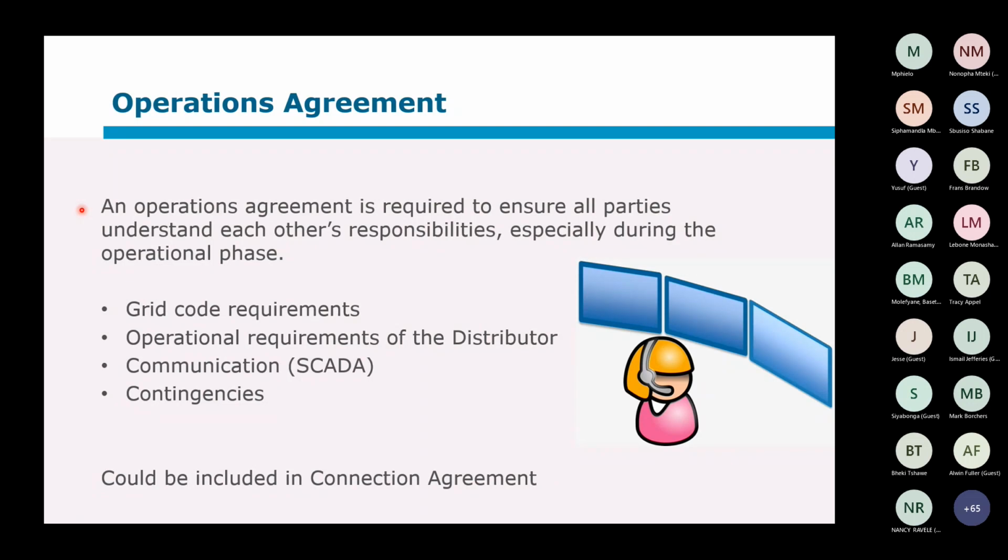How should that be done? And what can be requested? So you will also see when we do the example, this actually forms an annex to the connection agreement in many cases.